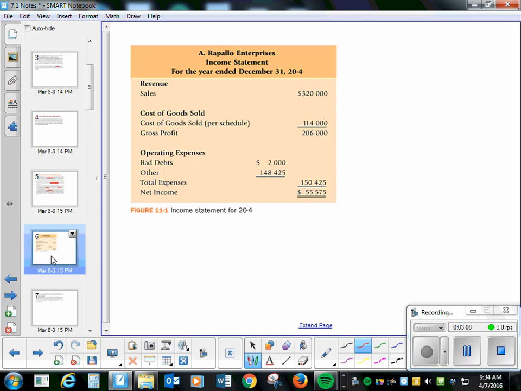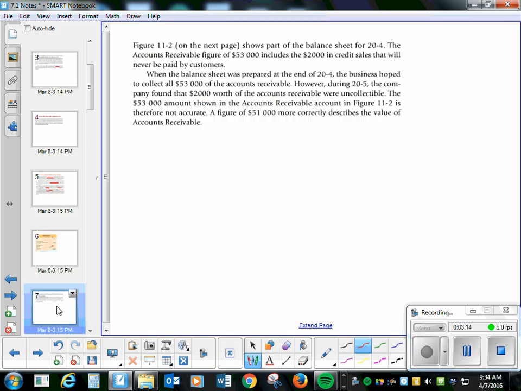Okay, so we have our income statement here, and you'll see that the bad debts are listed there. It shows the accounts receivable figure of $53,000 includes the $2,000 in credit sales that will never be paid by customers. When the balance sheet was prepared at the end of 24, the business hoped to collect all $53,000 of the accounts receivable.